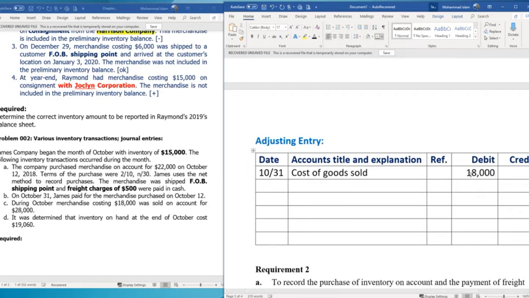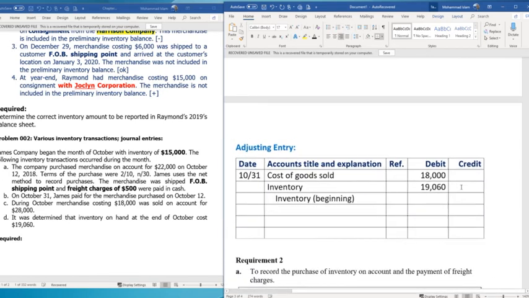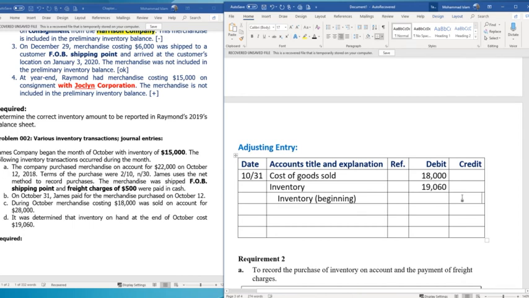Then inventory ending debit, and inventory beginning credit, that is 15,000.